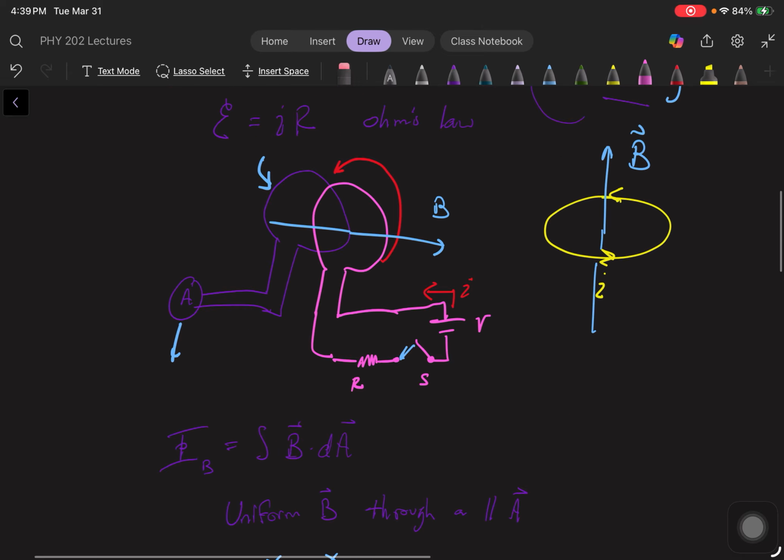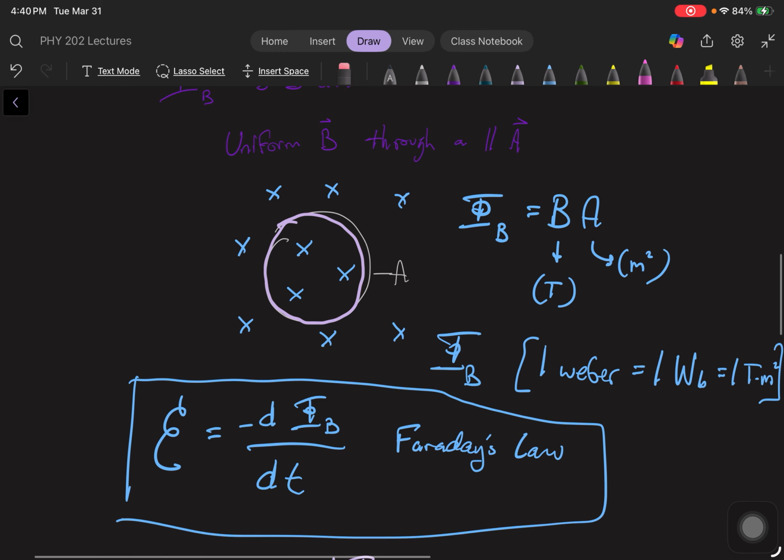And so, if we look at this, let's say this uniform magnetic field was decreasing. As B decreases, we're getting a decreasing amount of flux going into the page. And so we are going to want to create a magnetic field going into the page.